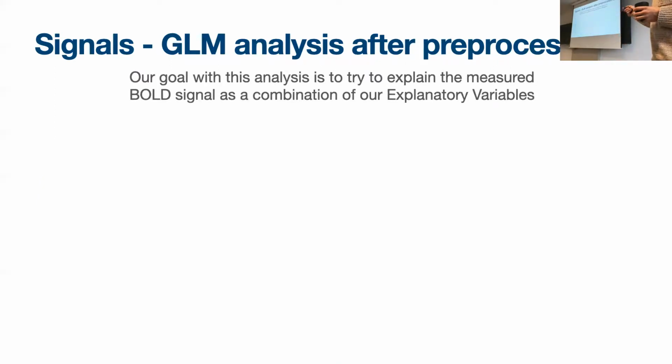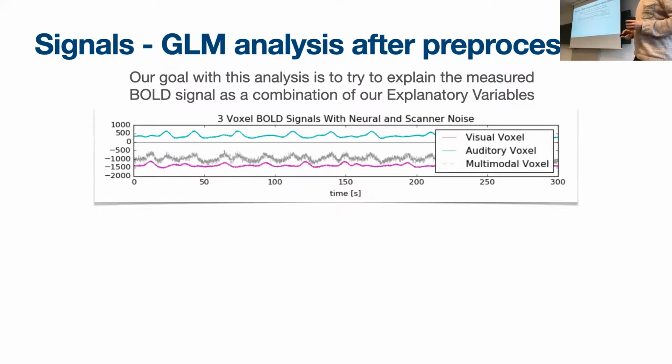So our goal with this entire type of analysis is to explain the signal that we measured, that 4D time course, these anatomical images over time and how they change over time, using some combination of these explanatory variables. Yeah? And so you can imagine that if you have a visual voxel, you get a signal like this.